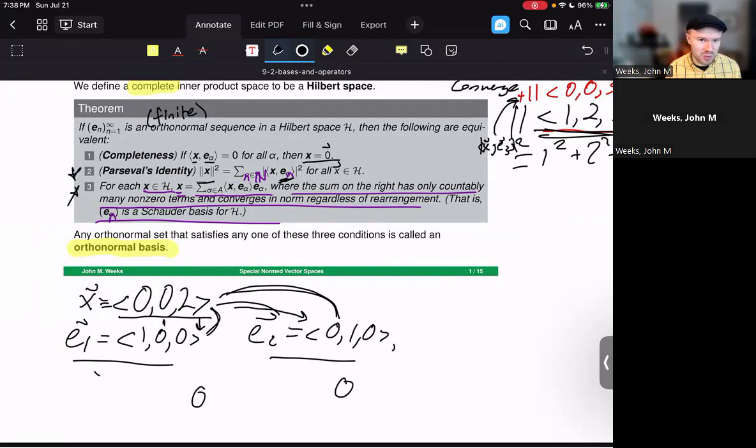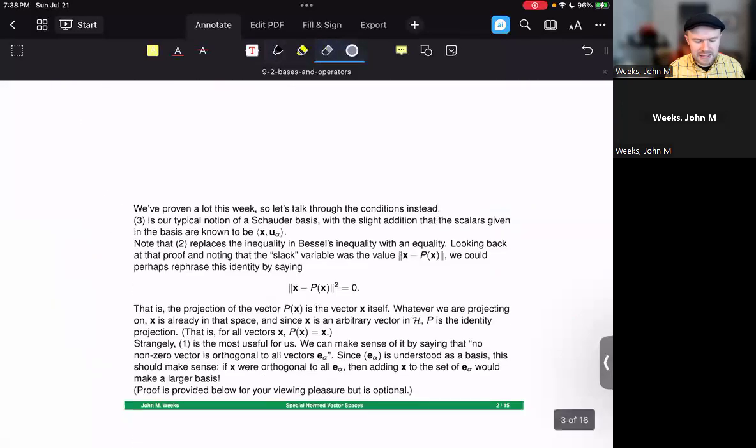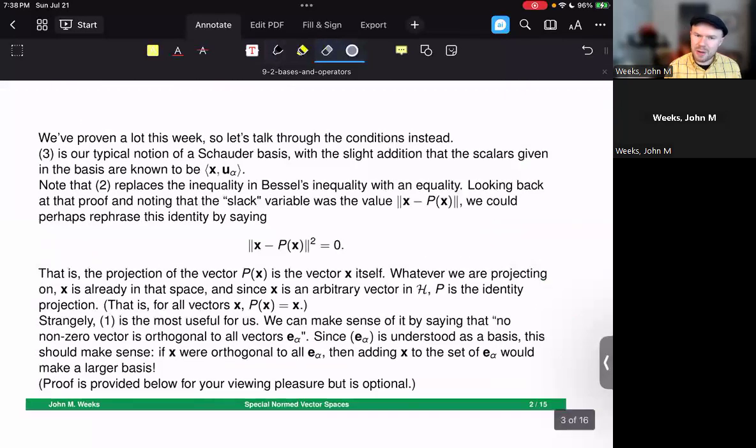So when I say that condition 1 is very useful, it's often very useful as a counterexample. It says that the set of vectors that you have are not a basis, because I can find a vector whose inner product is equal to 0 for all of the vectors you gave me, but it is not itself the 0 vector.